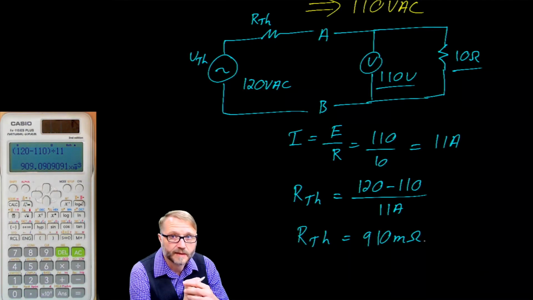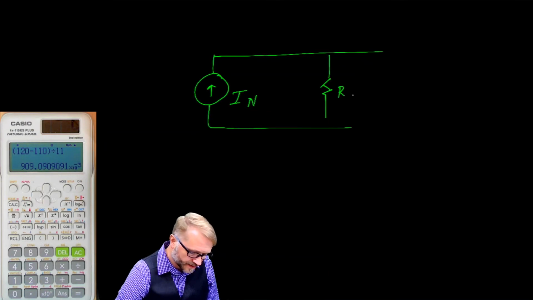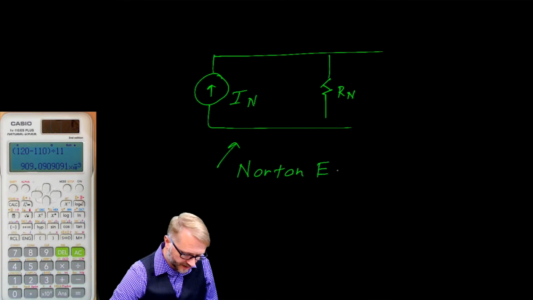That is called Norton. And with Norton, you can model any complex circuit as a parallel combination of a current source and a resistor. So we'll call that the Norton current and the Norton resistance. Again, this is the Norton equivalent circuit.